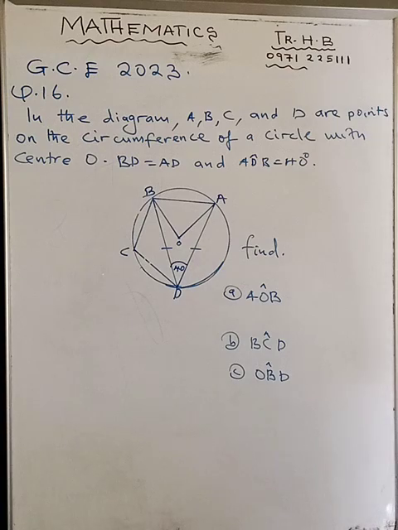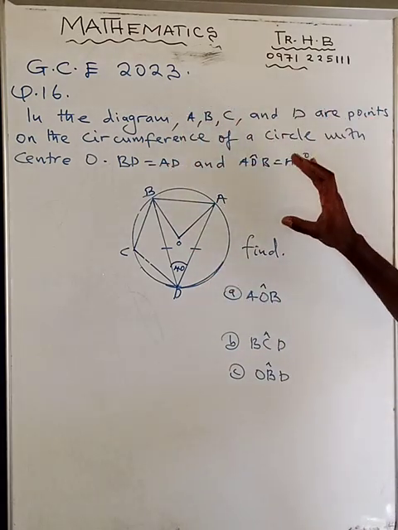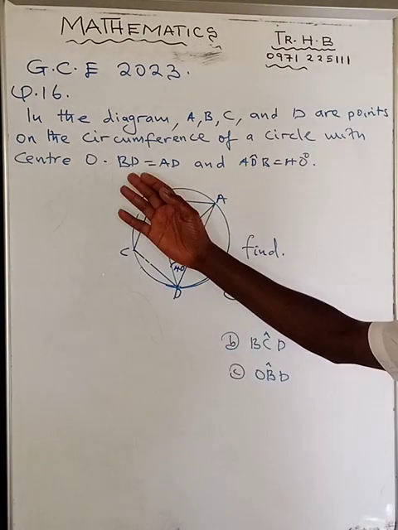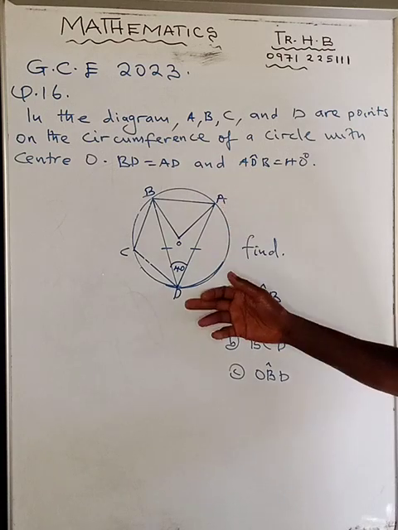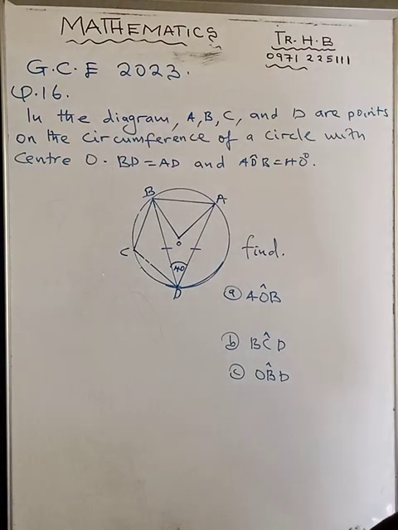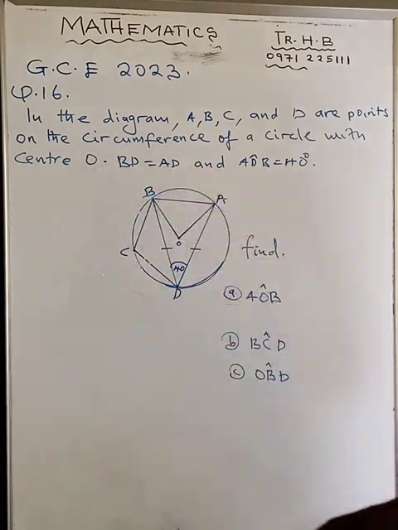Now, you need to ensure that the information that you've read corresponds with the diagram that you have. So we have been told that BD is equal to AD. So you check, AD is equal to BD. Those lines are there showing equality. Therefore, it satisfies the information that we have.